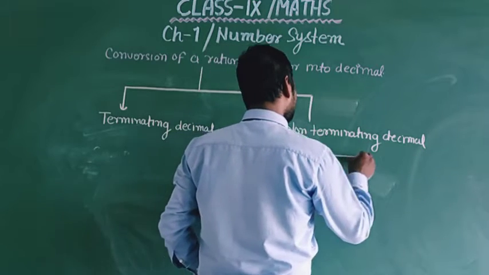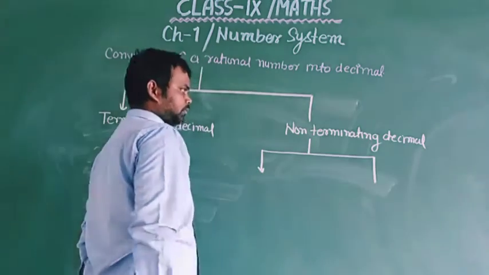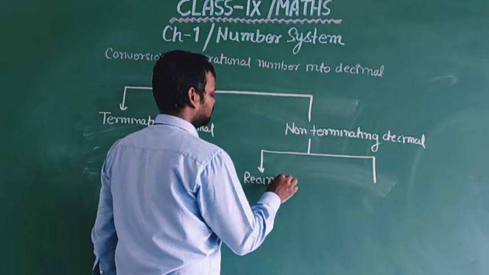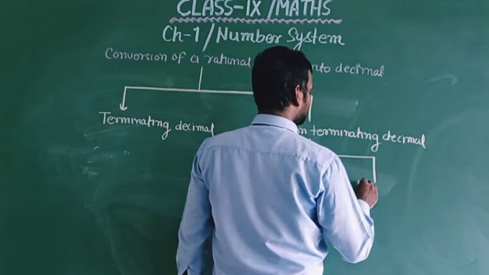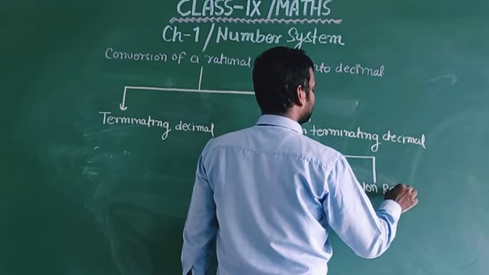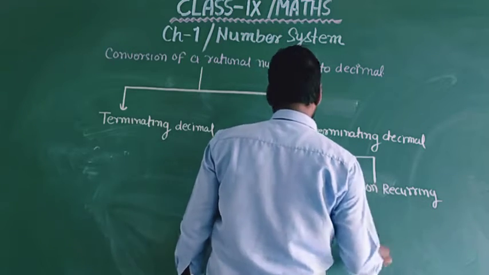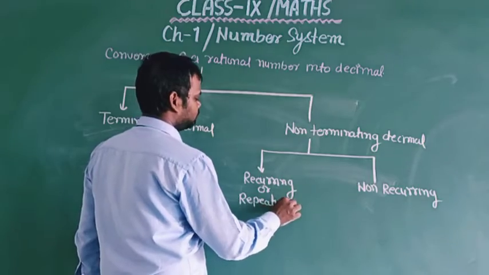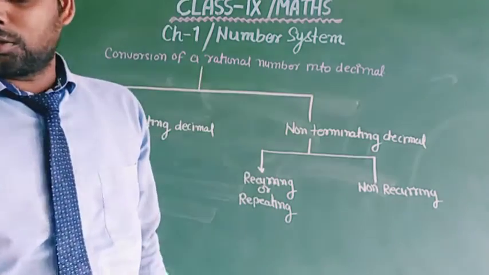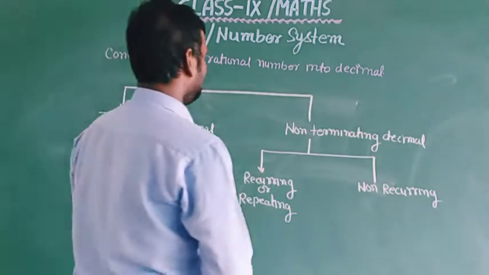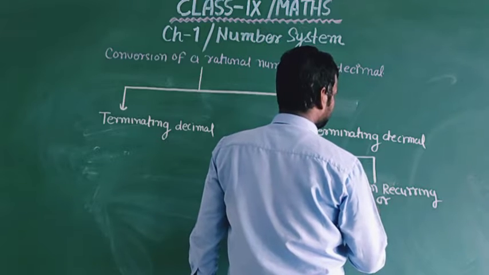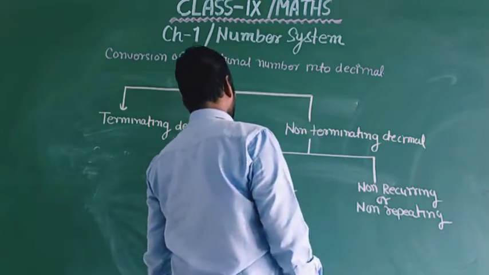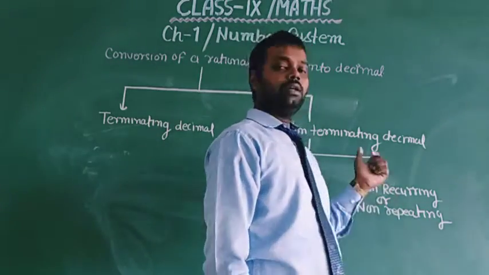These non-terminating decimals are also of two types: first is recurring, also called repeating, and second is non-recurring, also called non-repeating.